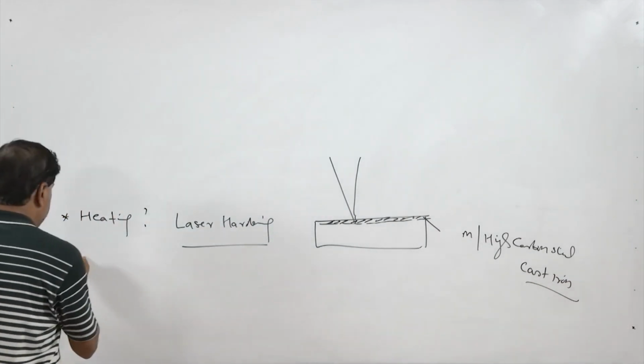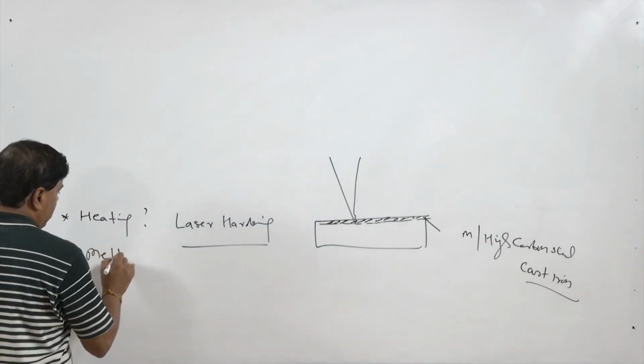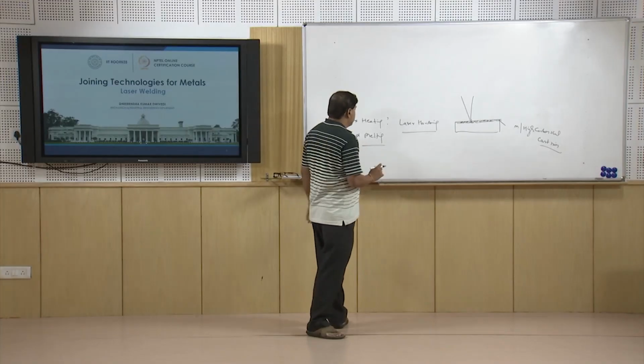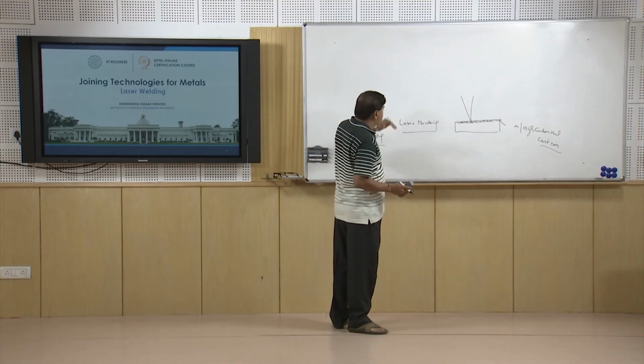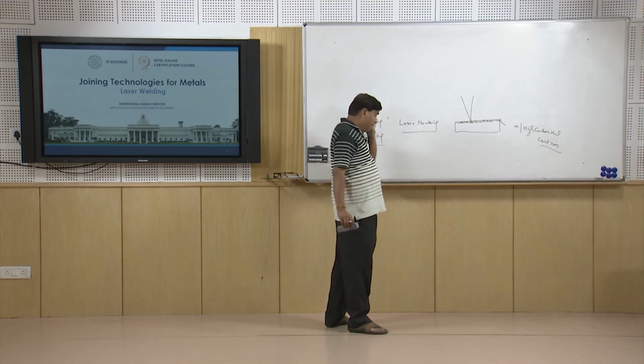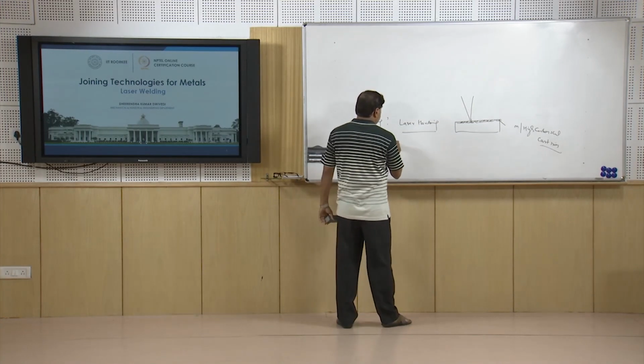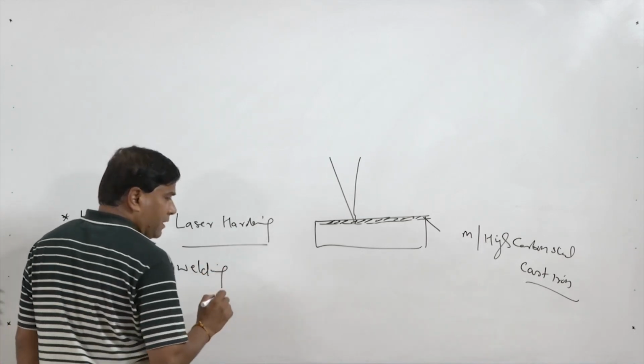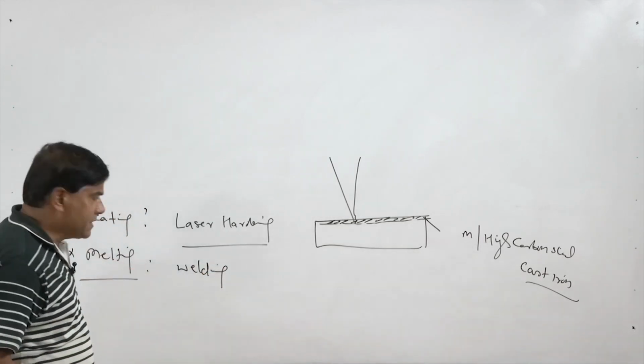Similarly, this is also used for the melting purpose. When the laser is used for melting, we need much higher density as compared to heating, and this can be used for welding, where fusion of the faying surfaces is achieved.